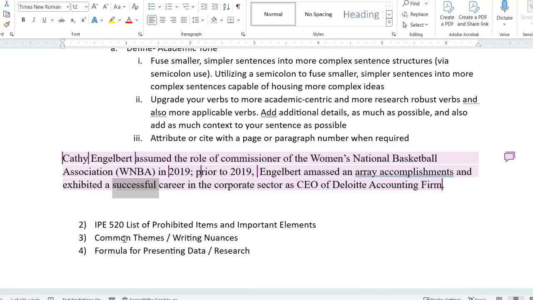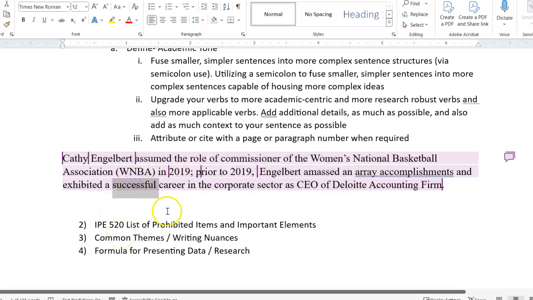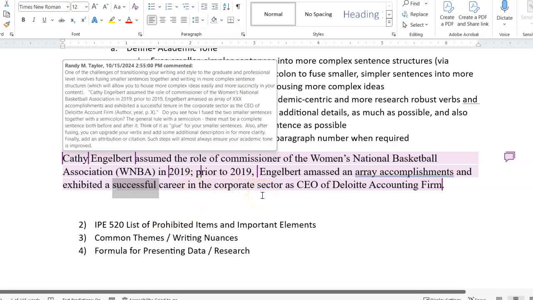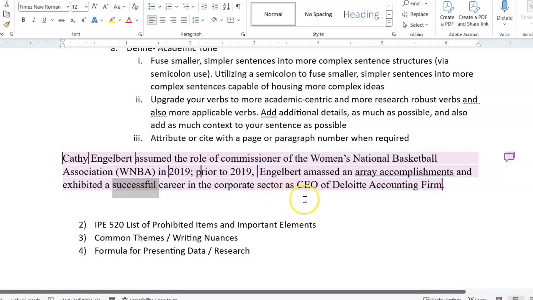You always want to stick towards descriptors that are objective in nature, that do not lend to any kind of bias, do not invoke any of your personal attitudes, opinions, subjective experience, etc. There's always room for that when you invoke directly quoted material. But when you're paraphrasing, you do not want to include any of that. So I diluted that to a more objective term, from "impressive" to "successful career in the corporate sector as CEO of Deloitte accounting firm."